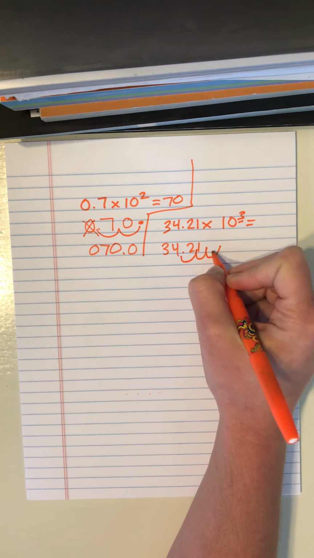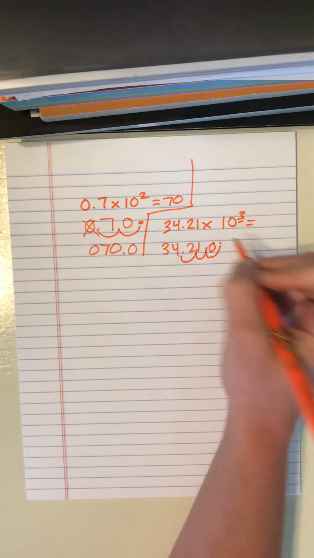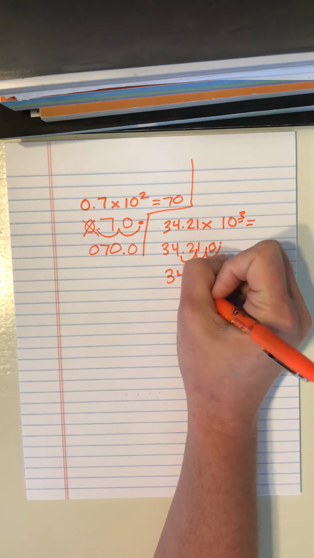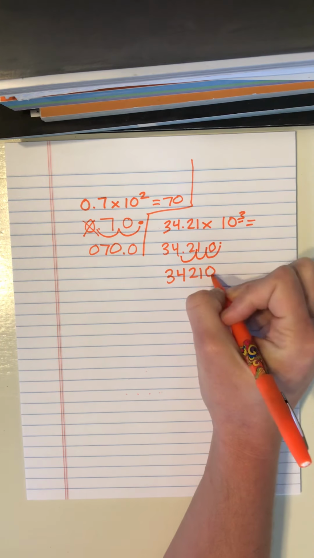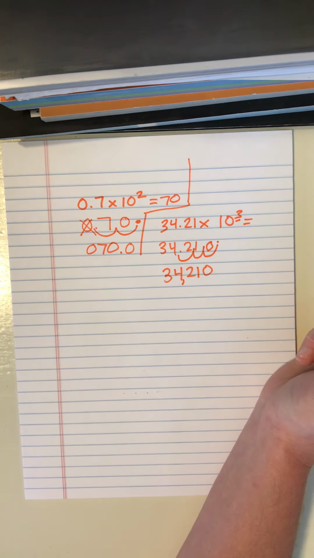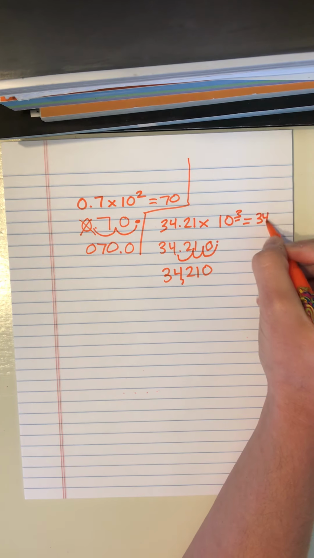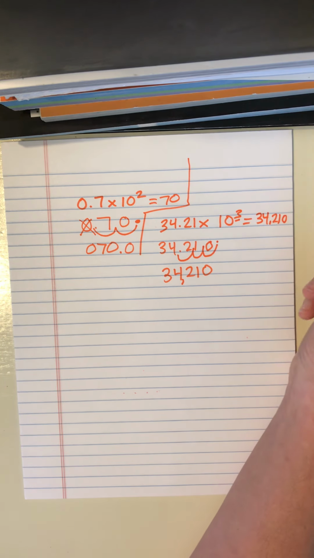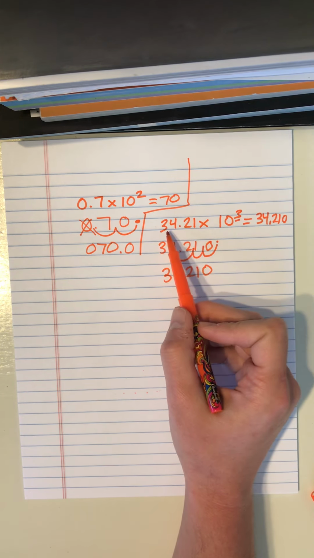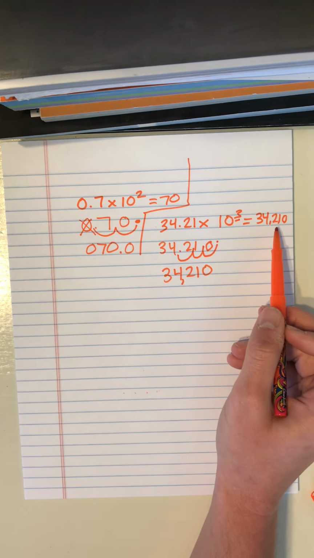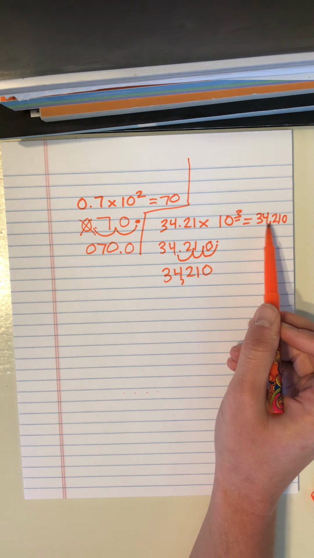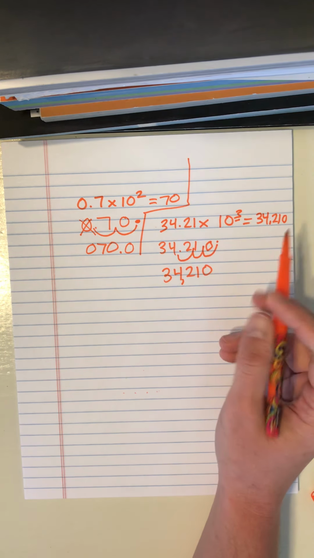In this empty spot, I'm going to put my 0. So my answer is 34,210. So we see how powerful that base 10 in our exponent is because we started with about 34 and we're ending with about 34,000. So we see that our answer is much larger than our original number.